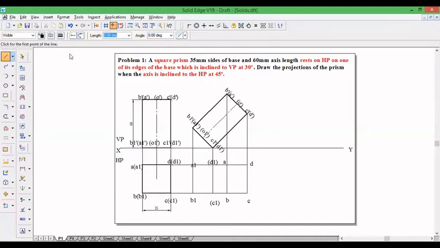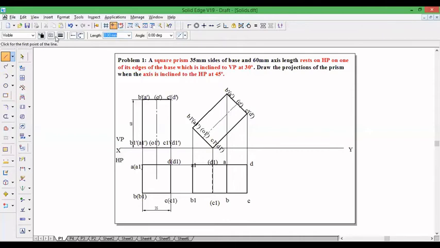Take thick line and join the visible edges. If you look from the top, you can see points A, B, C, D and A. This square we can see, and always the outermost edges are visible. So join the outermost edges by visible line. Whereas C1 D1 is a resting edge, so C1 D1 should be invisible. You have to use the dashed line.